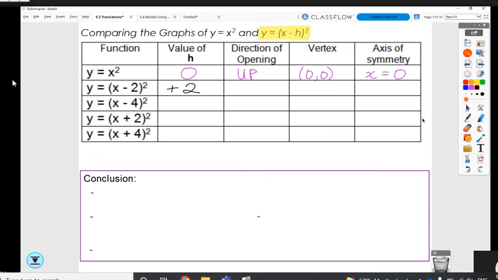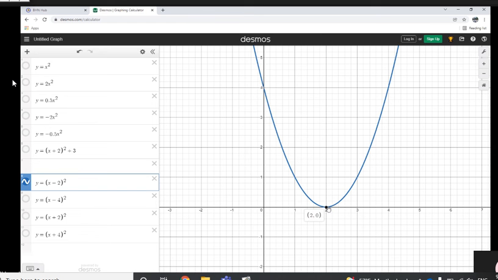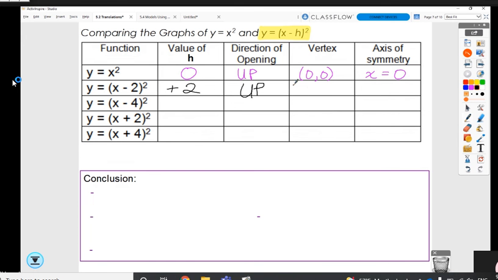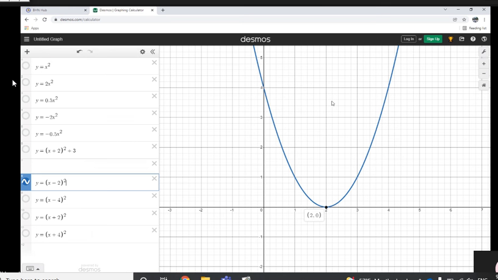Well, the direction of opening is certainly still up. The vertex now is 2, 0. And the axis of symmetry is usually the x part of the vertex. What you can see on the graph is that the axis of symmetry is no longer x equals 0, it's x equals 2.